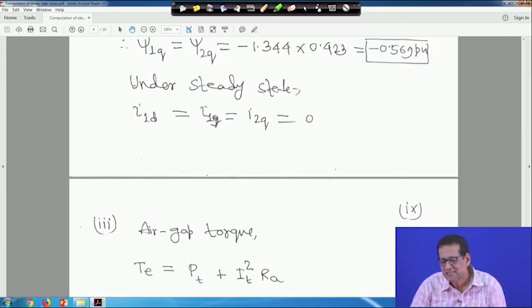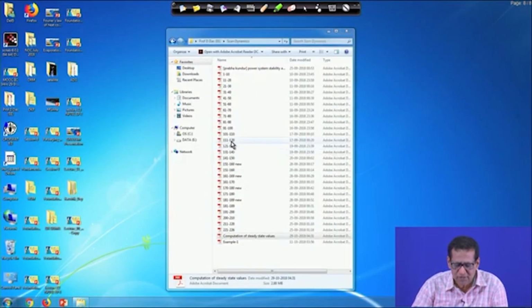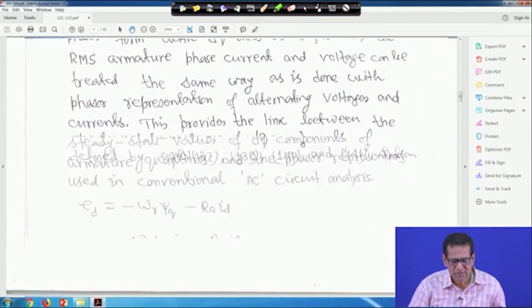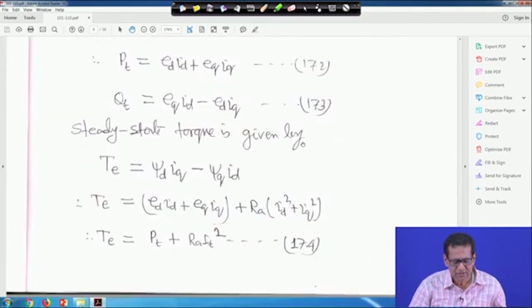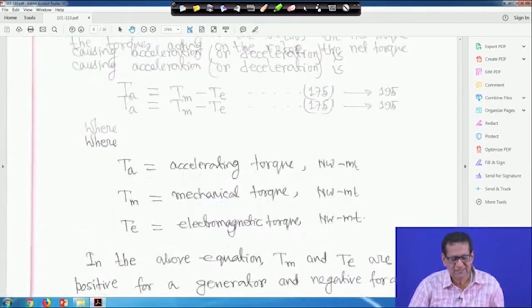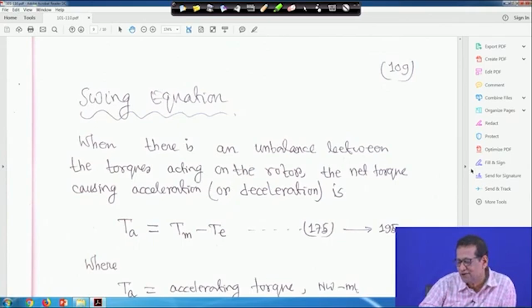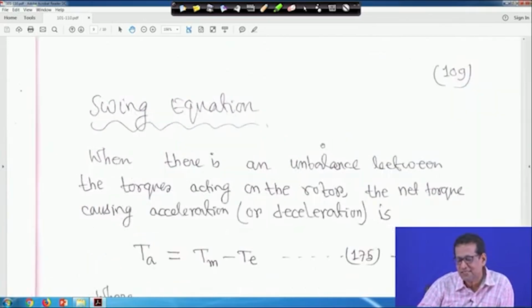Next we will move to the swing equation, because now slowly we will enter into the dynamics of the synchronous machine. You are aware of this swing equation.